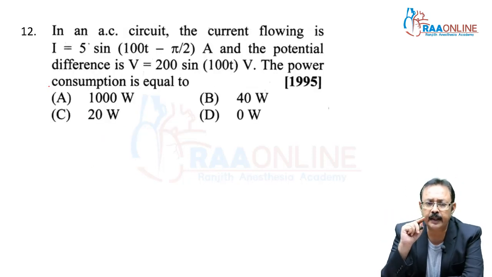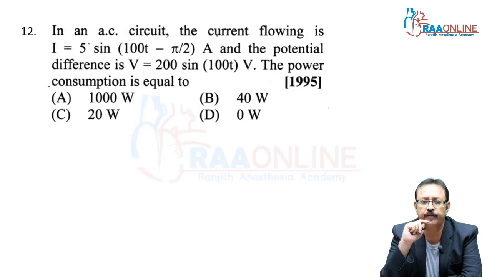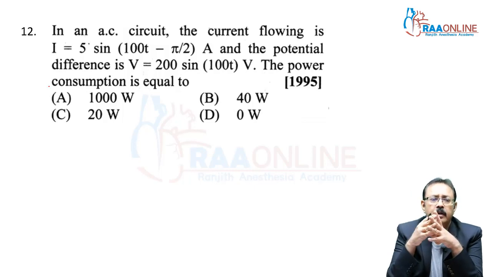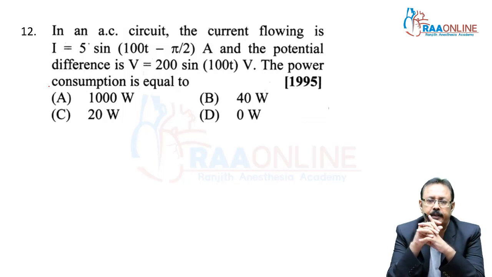Next, in an AC circuit, the current flowing is I is equal to 5 sin 100t minus pi by 2 A and the potential difference V is equal to 200 sin 100t. Current is lagging behind by pi by 2, means L circuit.